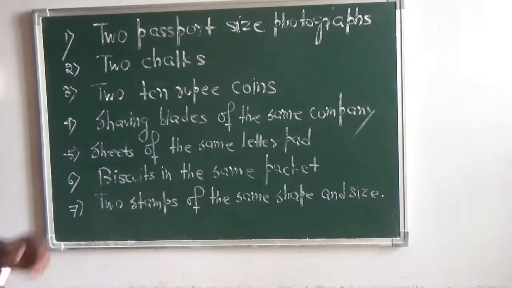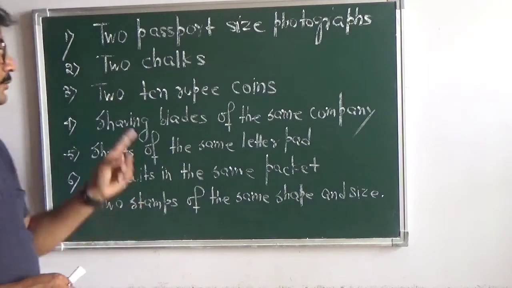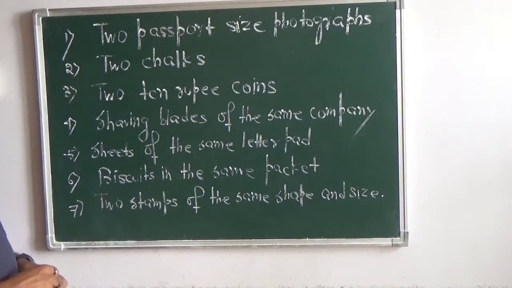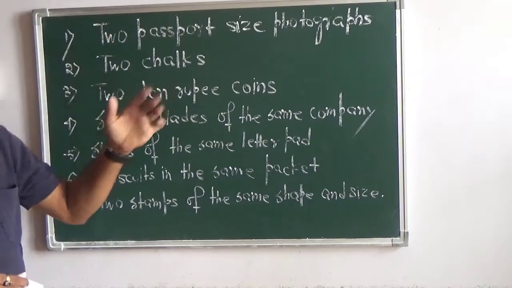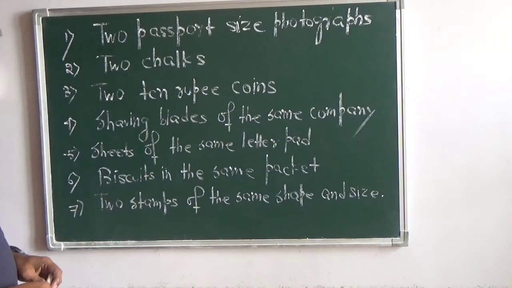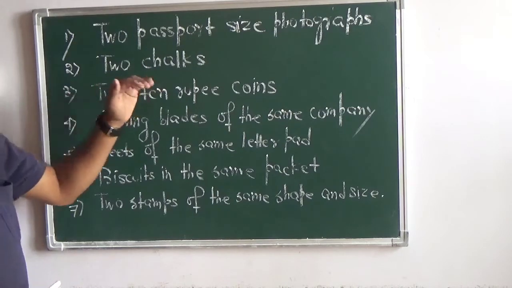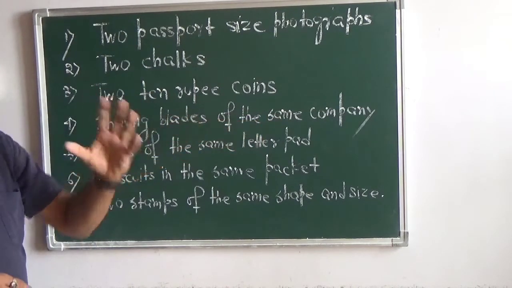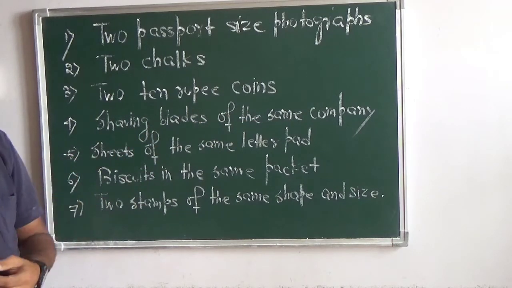Similarly, if you take two 10 rupee coins and they are put one above the other, then you will find they completely overlap, giving us the conclusion that the two 10 rupee coins are also congruent. Shaving blades of the same company are also equal in every respect.